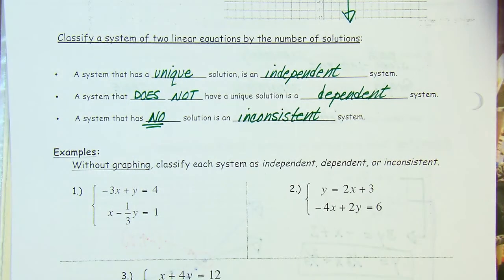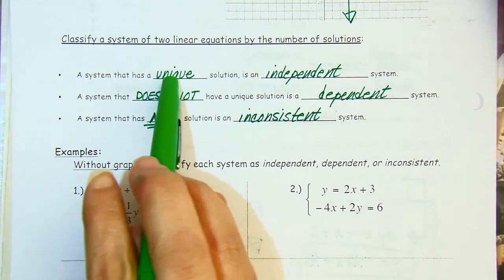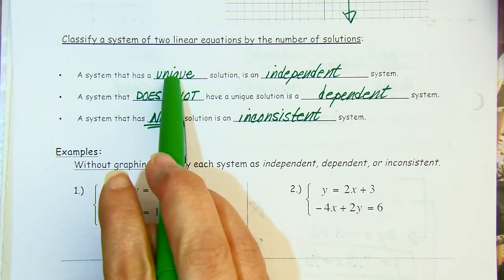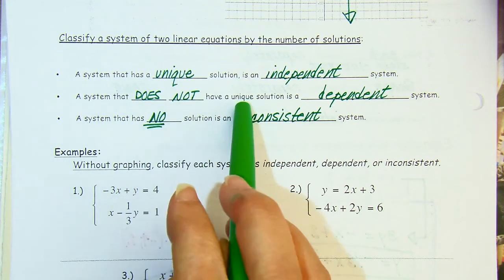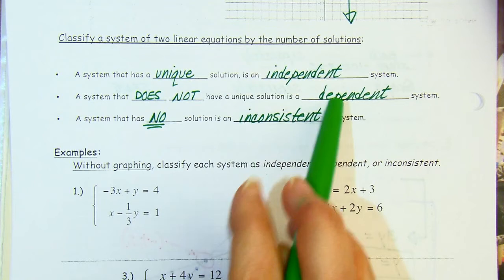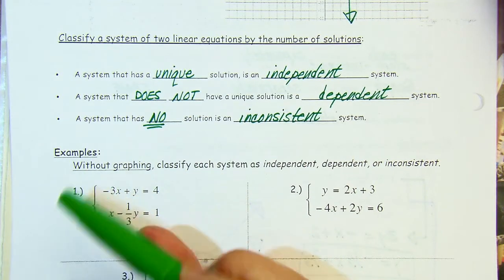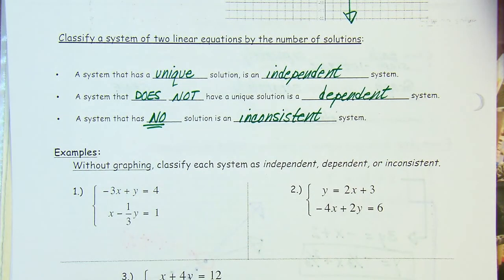So, what do we mean by this? Well, if it's a unique solution, that means there's only one solution. The lines are going to intersect in one point. A system that does not have a unique solution is called dependent. Folks, that would be when you graph the same line on top of itself. So you have two equations, and they end up actually being the same line. And the system that has no solution, we call it inconsistent.